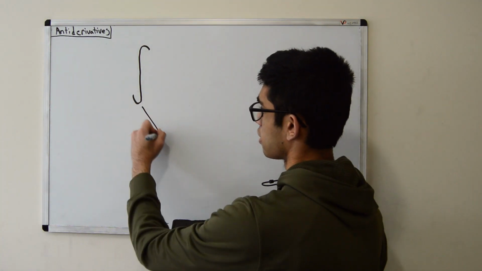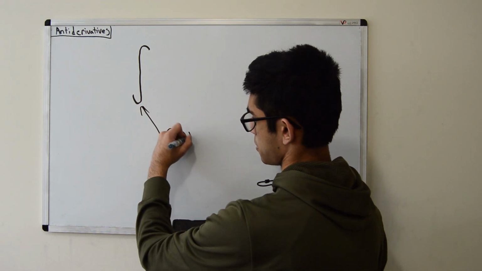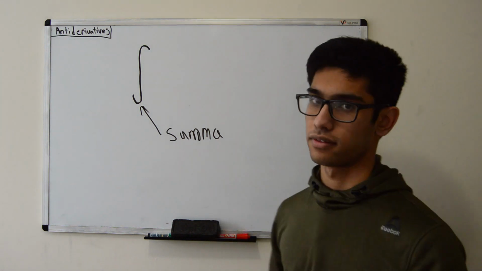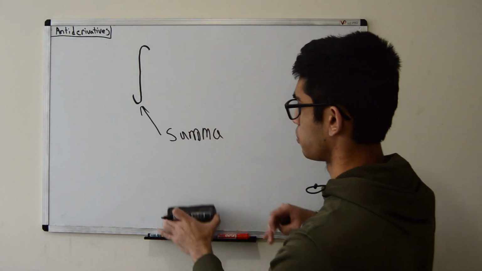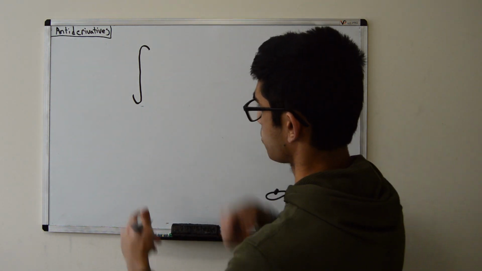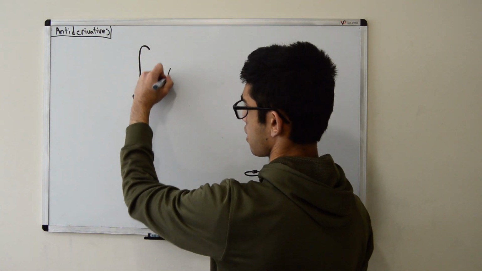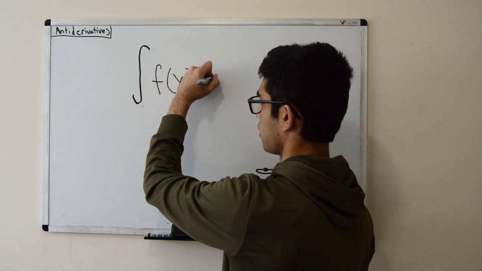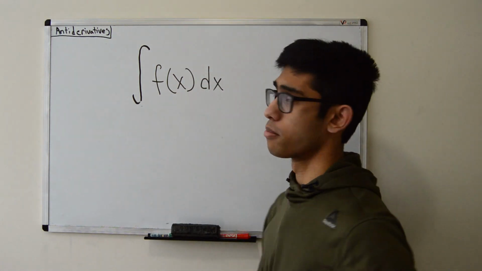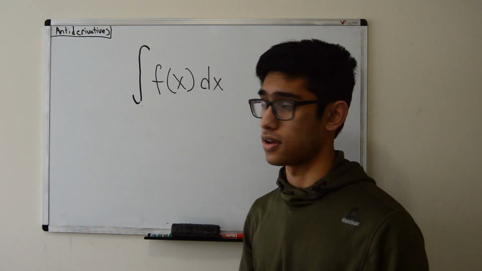This right here we call sum, and you'll understand why we call it that soon, but for now that's the symbol we use. What it'll look like is you'll have this symbol, and you'll have a function, let's say f of x, and then you'll have dx. That's exactly how it'll look, and those are the problems that we are going to solve.